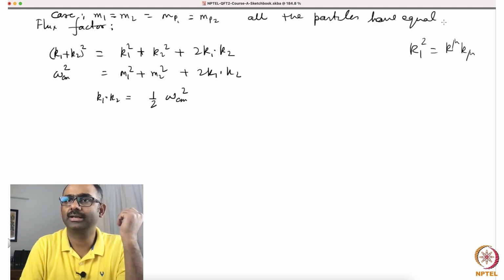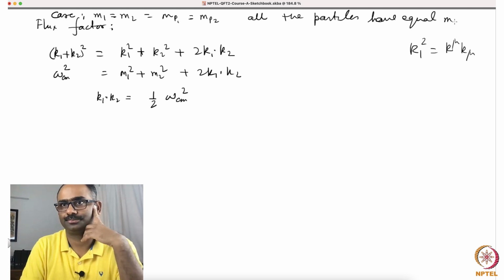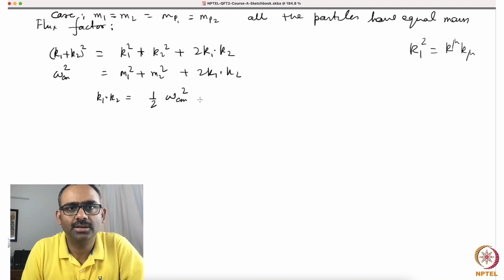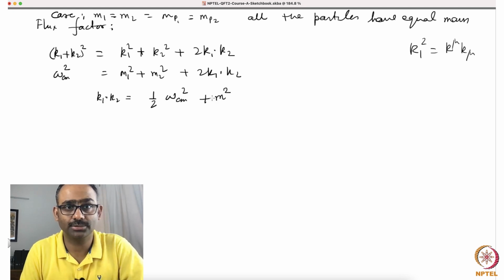Okay, so I am looking at that case now. So this becomes plus m square, okay, because this gives you 2m square, and when you divide by 2 it gives you m square.